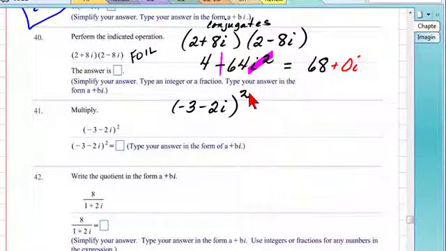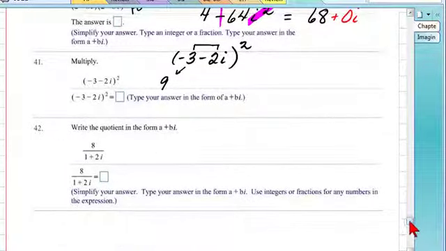The shortcut in squaring something that looks like a binomial is to square the first one. Negative 3 times negative 3 is 9. Then multiply the two terms. What do I get when I multiply negative 3 times negative 2i? I get 6i.